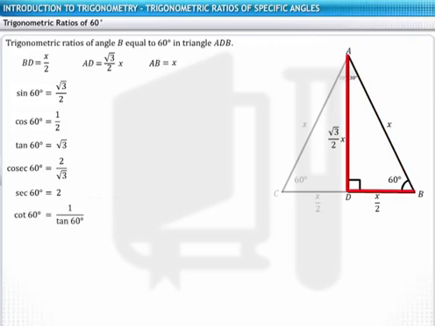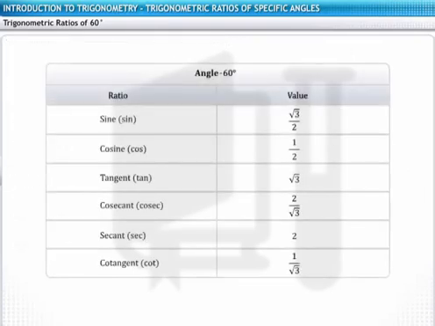Cot 60 degrees is equal to the reciprocal of tan 60 degrees. Since tan 60 degrees is equal to root 3, cot 60 degrees is equal to 1 by root 3. Let us quickly recap the trigonometric ratios of a 60-degree angle.